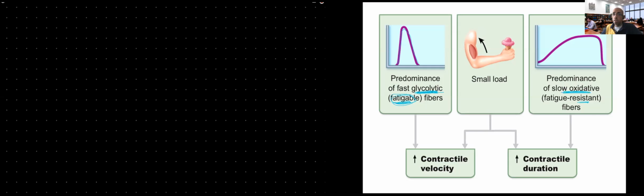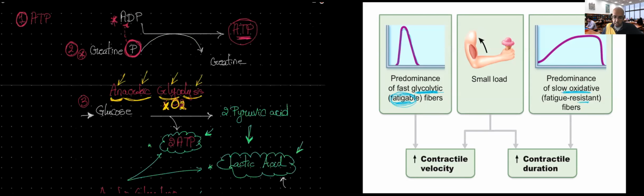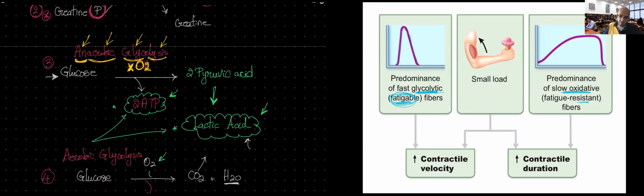They contain fast glycolytic fibers, so they can generate ATP by anaerobic glycolysis, without oxygen. What is the problem with anaerobic glycolysis?